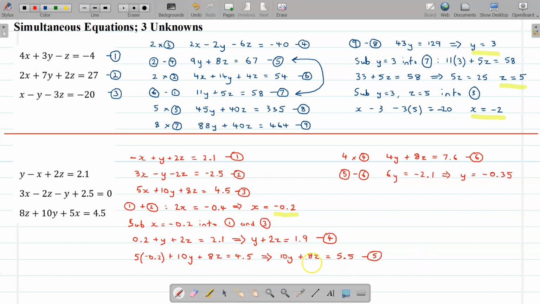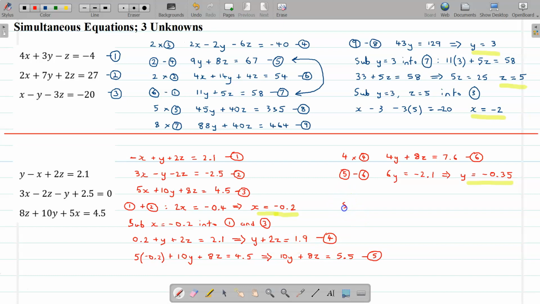Okay, so we now have a value for y. So the only unknown that we still have is z. So what we could do is substitute that value of y into one of these equations we've just done, maybe equation 4.